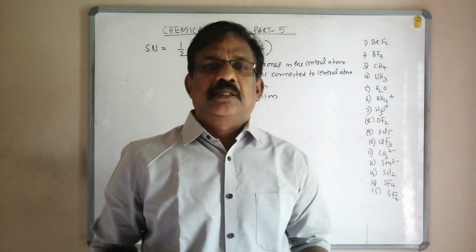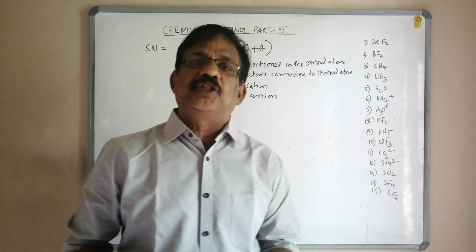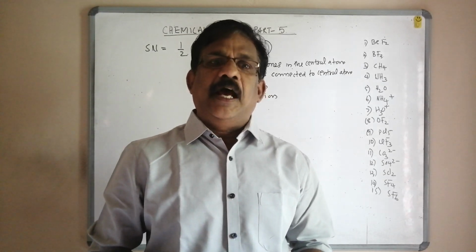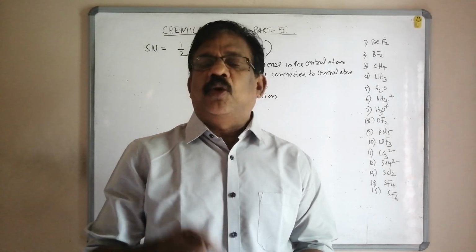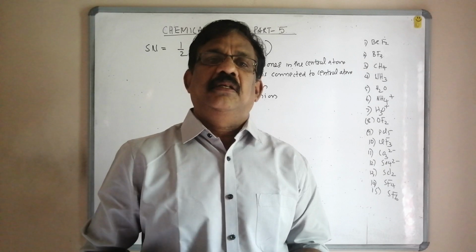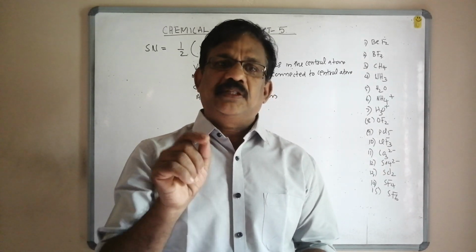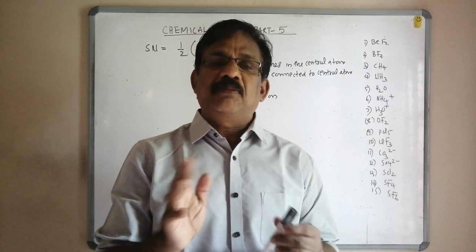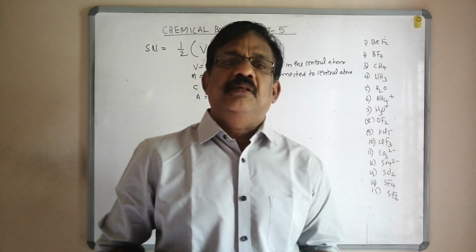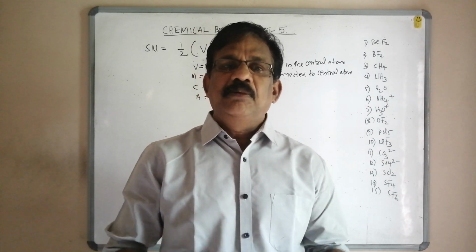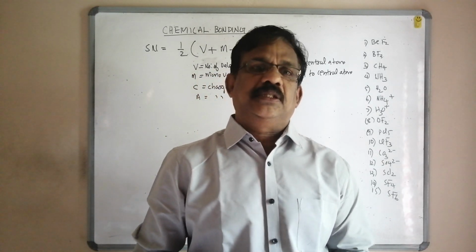In this class we can discuss a new hybridization, sp3d2 hybridization, and some shortcuts to determine hybridization for simple molecules. First we can discuss the shortcut method to determine hybridization and shapes of simple molecules and ions.